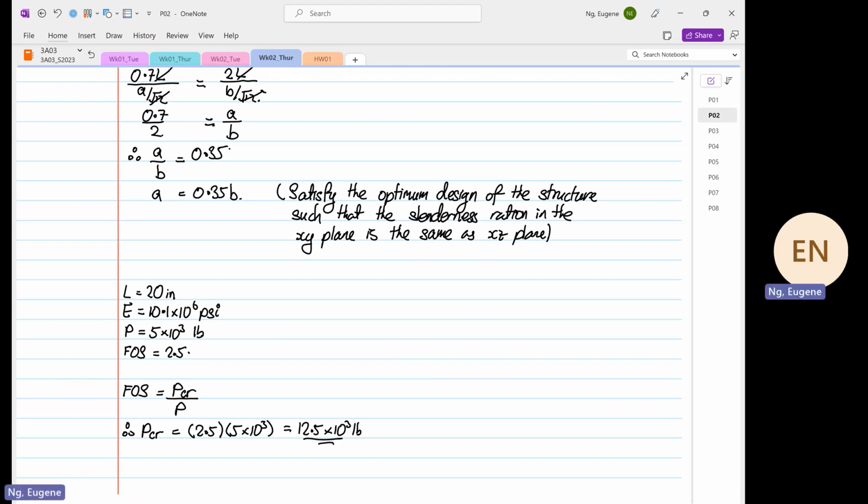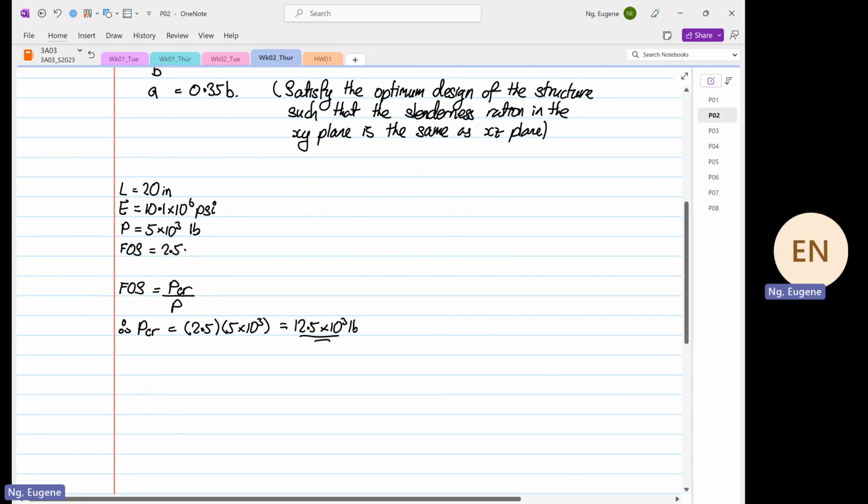So we are going to design based on the optimum area, right? So if we come up with our critical stress. Now, why do we need to use critical stress? Why am I introducing critical stress?